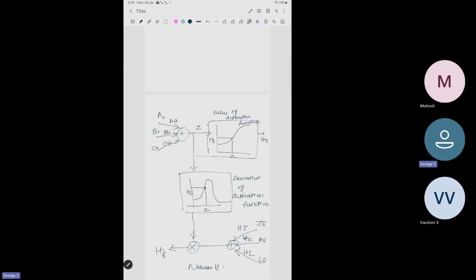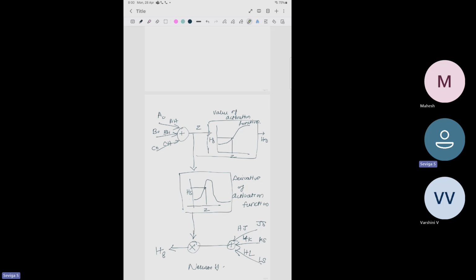In the derivative, we look up our Z and find our H delta. This H delta gets multiplied with the previous H delta, which is coming out from here, and that will act as our H delta for that neuron. So this is how the activation function is incorporated into the neuron in the backward pass.